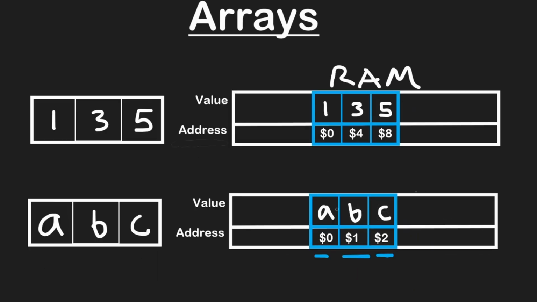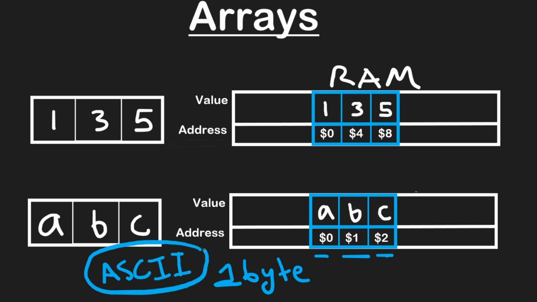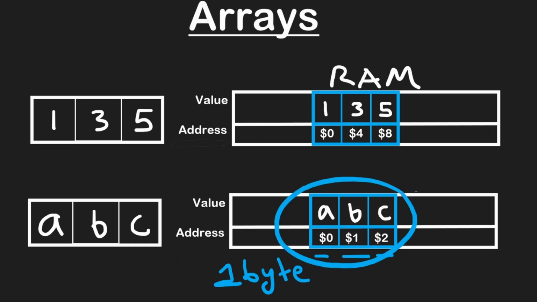That's because each character actually only takes 1 byte to store in memory, not 4 bytes. At least that's the typical case if we're storing ASCII characters, which isn't super important to know. What I'm getting at though is we can store values contiguously regardless of how big or small they are, as long as we increment our address by the size of the value.